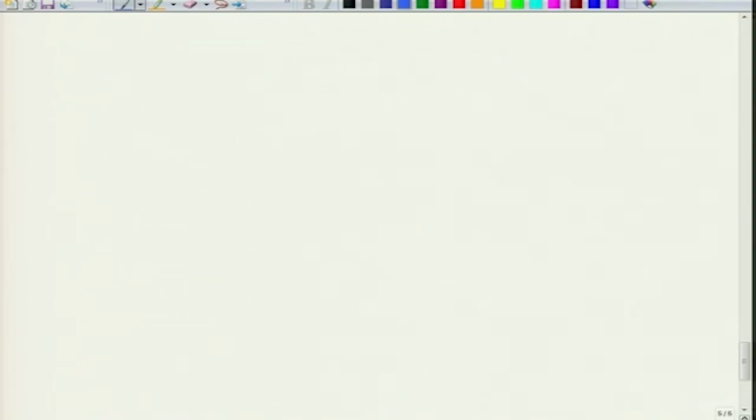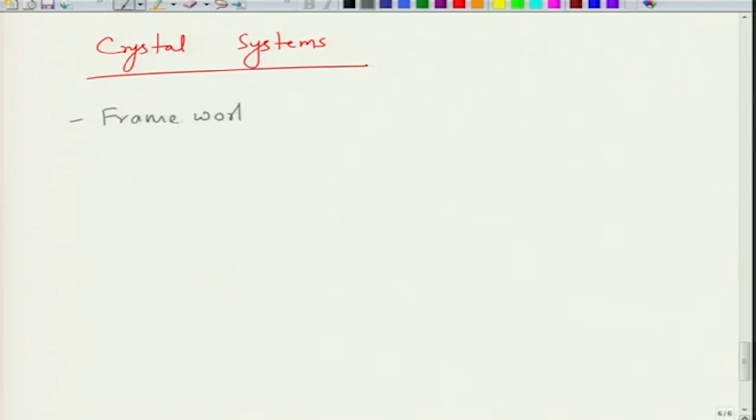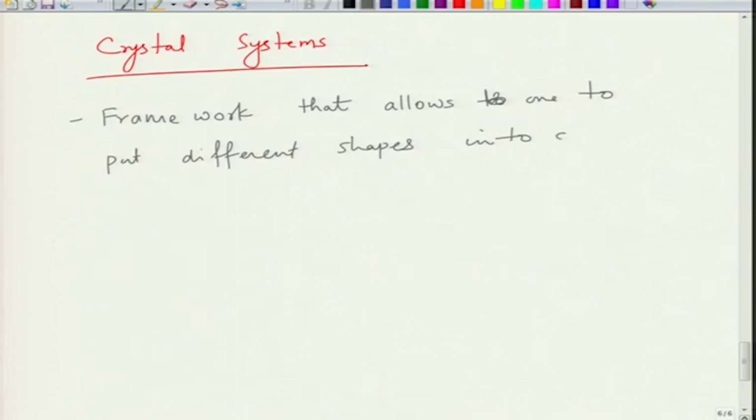So, essentially it is a framework that allows one to put different shapes into certain categories which are well defined.